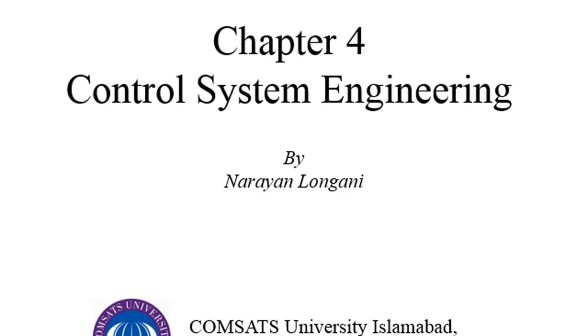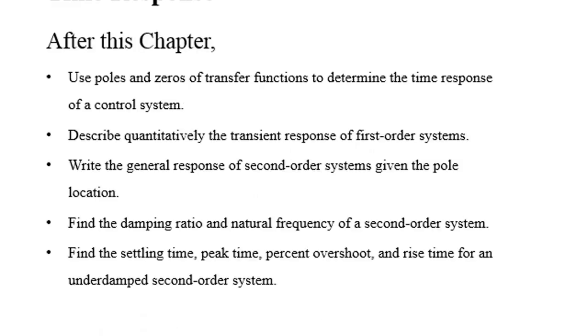Dear students, now we will study time response of any physical system, which is CLO3 of this course. In this chapter on time response, you will study how to find the time response of a system from poles and zeros of the transfer function.